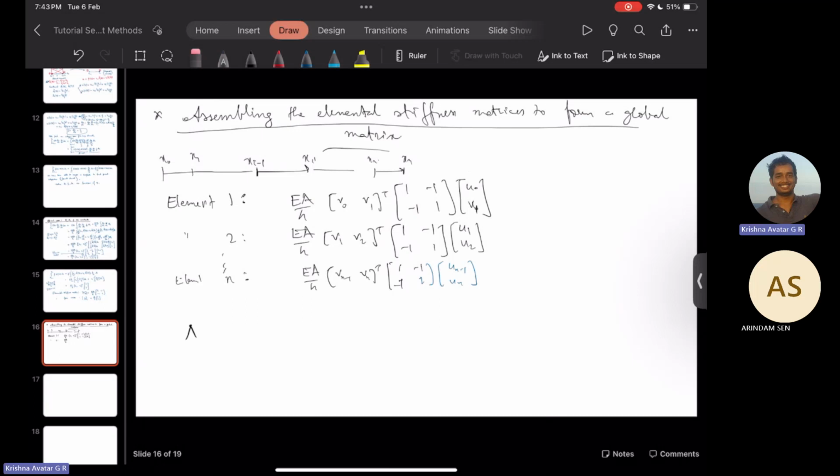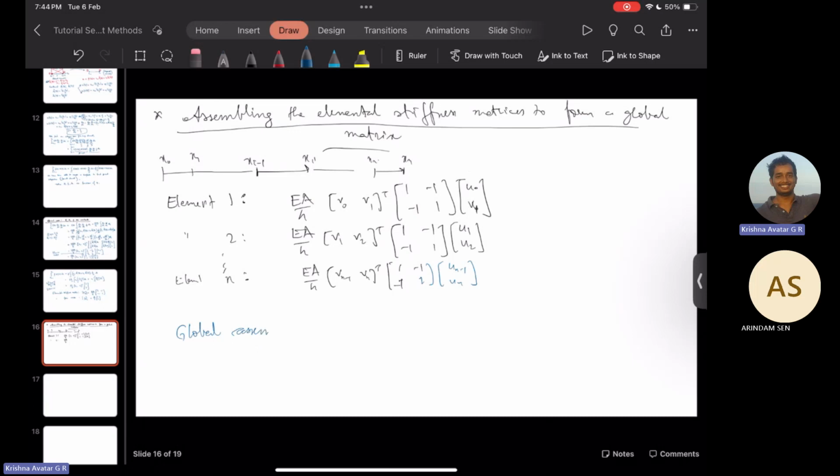So the global matrix. For now, let me write the global stiffness matrix. I'll just call it global assembly, and then we'll define what is the global stiffness matrix.